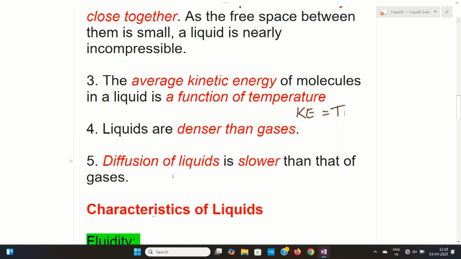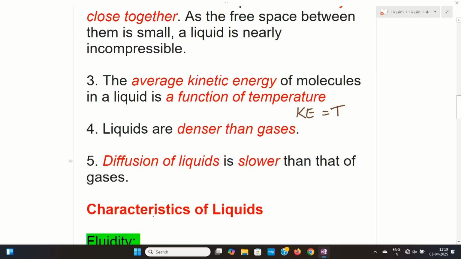The fifth property is that diffusion of liquids is slower than that of gases. That means in the case of liquids, mixing is more difficult than in gases. In gases it is easy to mix, but in liquids it is difficult to mix. Therefore, we can say that the diffusion of liquids is lower than that of gases. So, here are the properties of liquids.